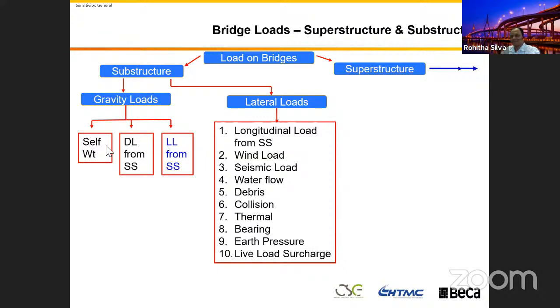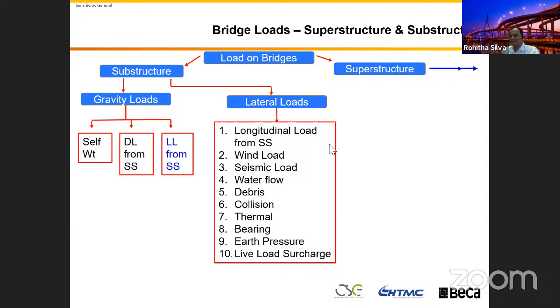Before that, the substructure itself has its self-weight, its dead load, superimposed dead load, and live load effect, all those things, it has itself, right? You will see this depending on the size of the substructure. In addition to that, you get the forces: the self-weight, dead load and the live load from the superstructure for the gravity part.